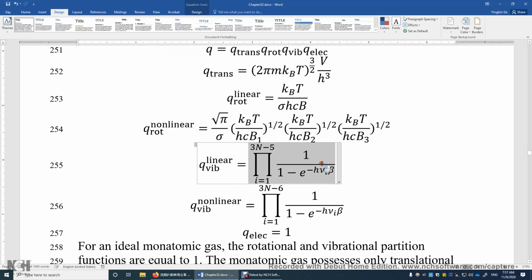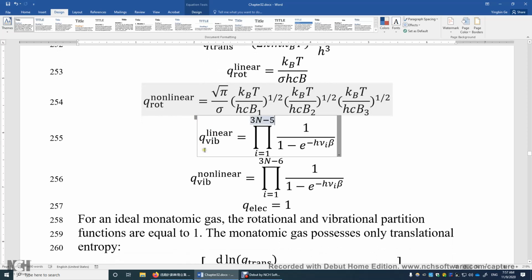And over here, this is the vibrational partition function for linear molecules, and this is for nonlinear molecules. Again, the difference between these two, just pay attention here, is 3n minus 5 versus 3n minus 6. Linear molecules have 3n minus 5 vibrational modes. Nonlinear molecules have 3n minus 6 vibrational modes.